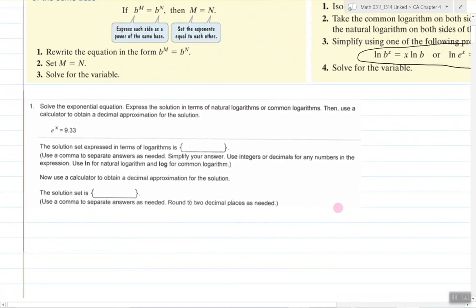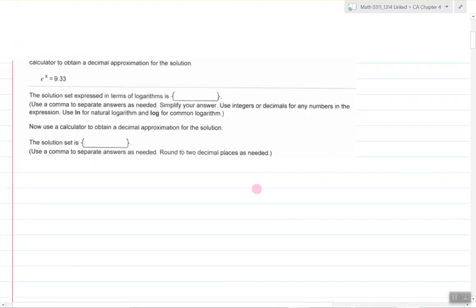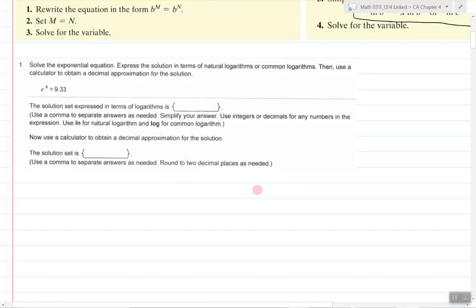In this problem, the base is e, and it's e to the x is equal to 9.33. Now, in this one, because the base is e, I'm going to use ln.